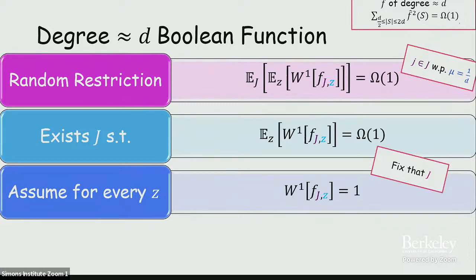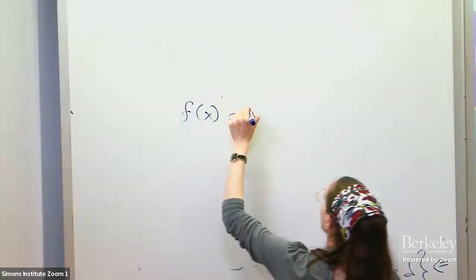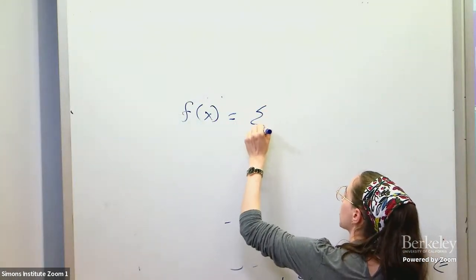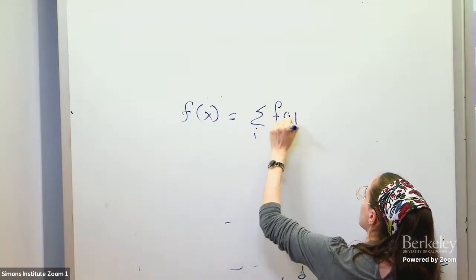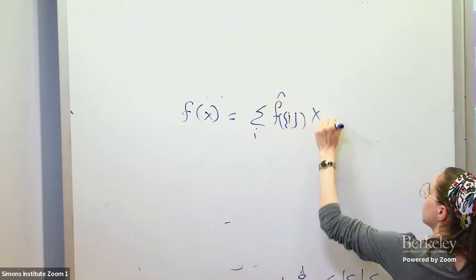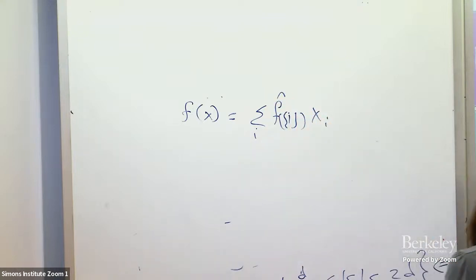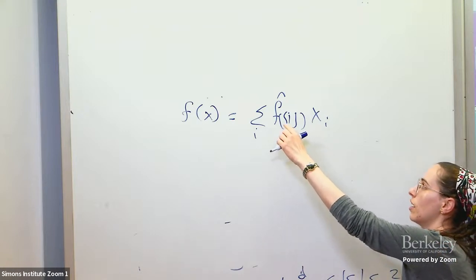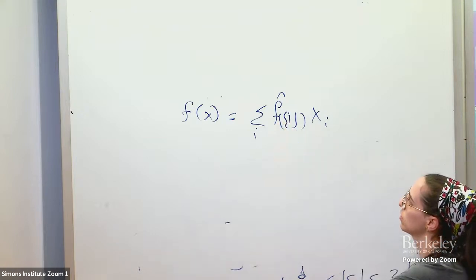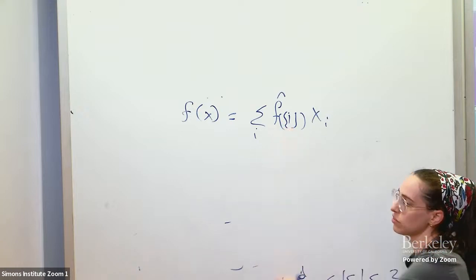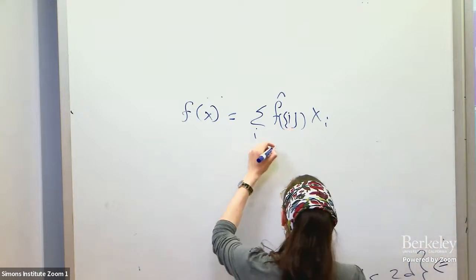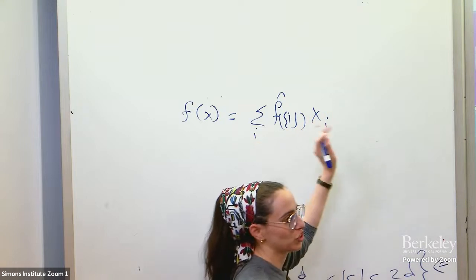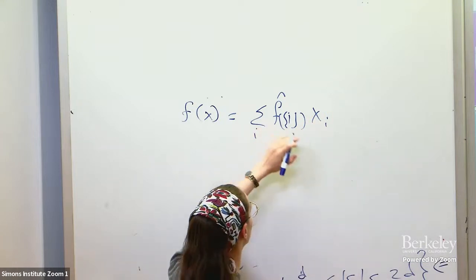It means that f of x equals the sum of f_i times x_i. Now think that you have two coefficients that are not 0, at least 2 is enough. So let's say without loss of generality that the first one and the second one are not 0.